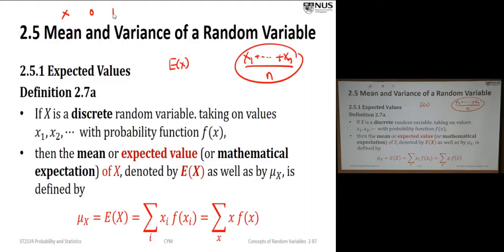Now, let me ask you, suppose I have a population with 10,000 individuals. Only one guy got a value 0. The rest got a value 1. So I ask you, what do you expect if I select one from this population of 10,000? 9,999 of them have a value 1.